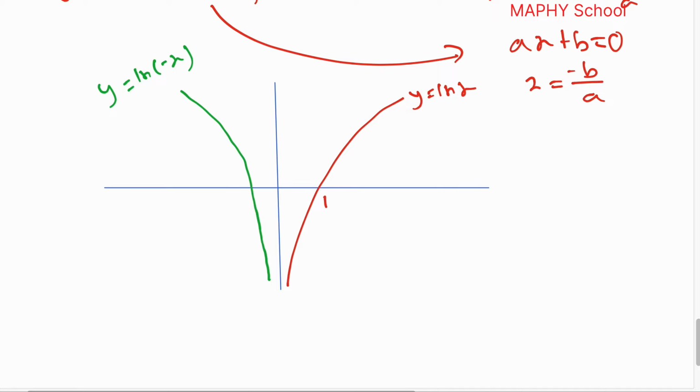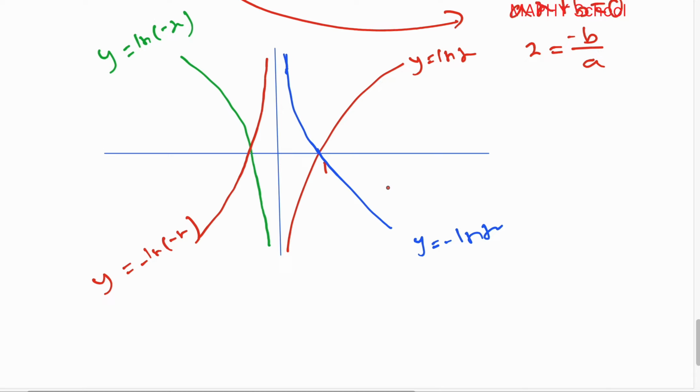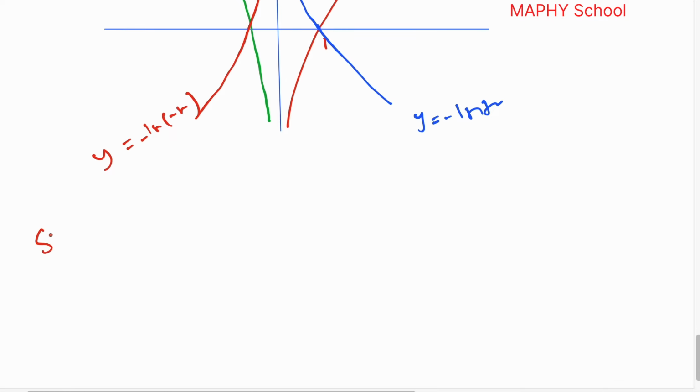Then, sorry for the drawing, however this is the y equals minus ln x curve, and the last one is the y equals minus ln minus x curve. Okay, so next is our trigonometric curve.